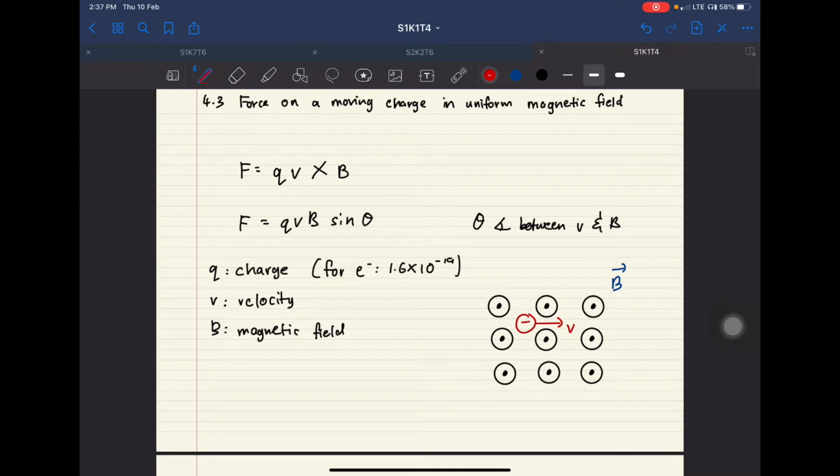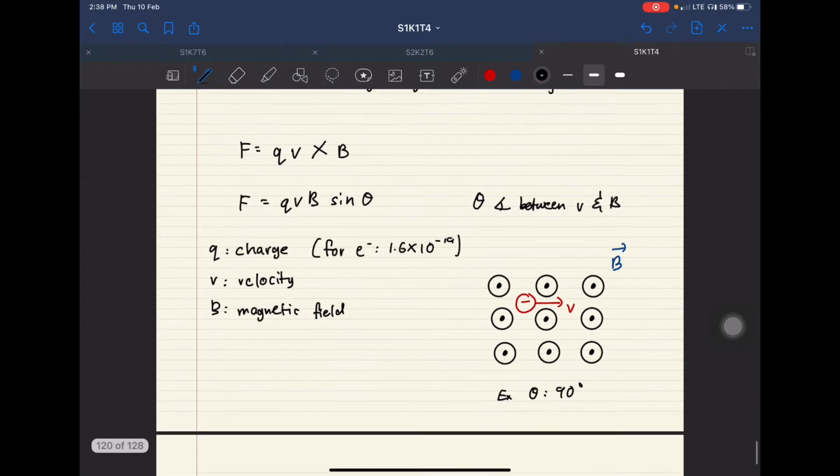So theta here would be equal to 90 degrees. So sine 90 is equal to 1, and that would be the maximum force experienced by the charge.